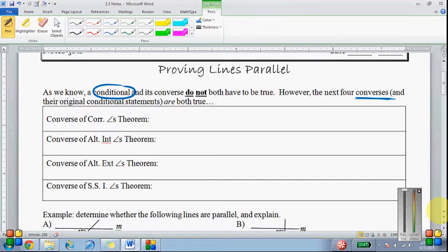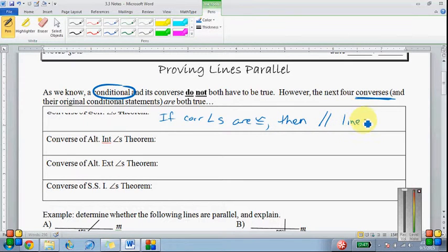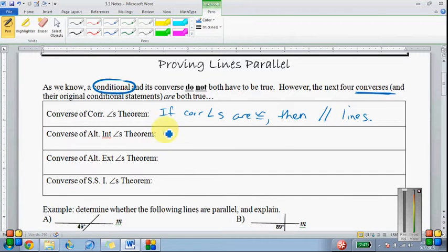So the converse of the corresponding angles theorem: yesterday we said if we have parallel lines, then corresponding angles are congruent. The converse of that would be if corresponding angles are congruent, then we have parallel lines. Same thing for alternate interior angles: if alternate interior angles are congruent, then we have parallel lines.